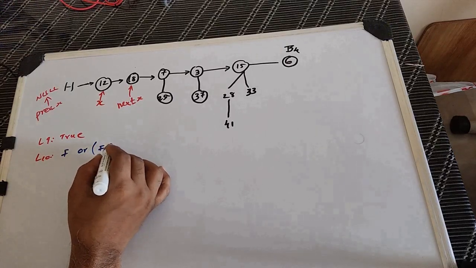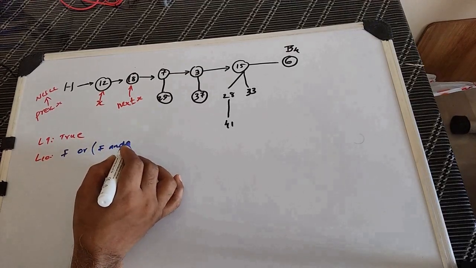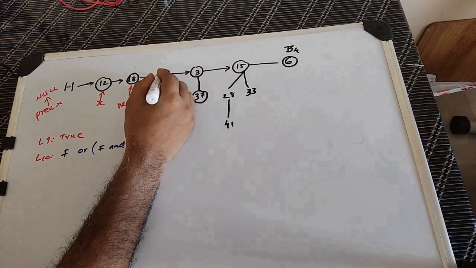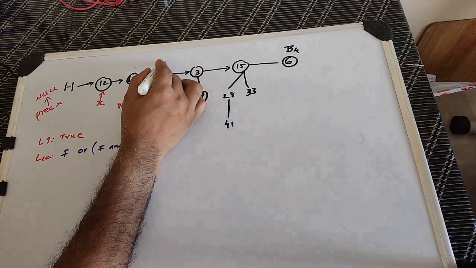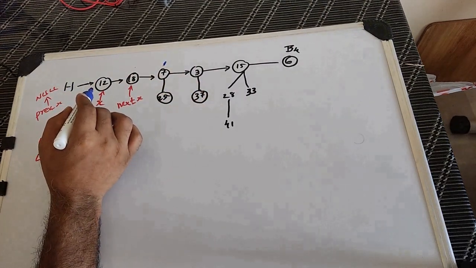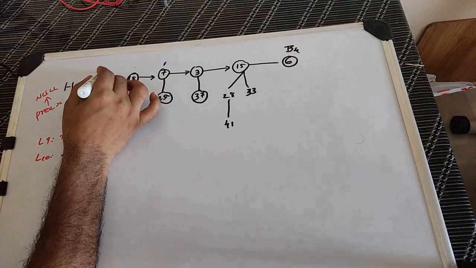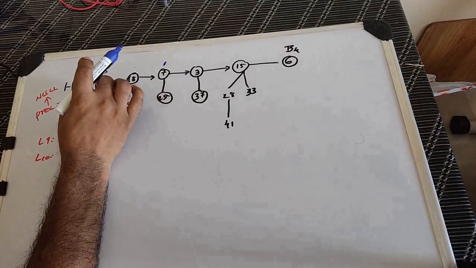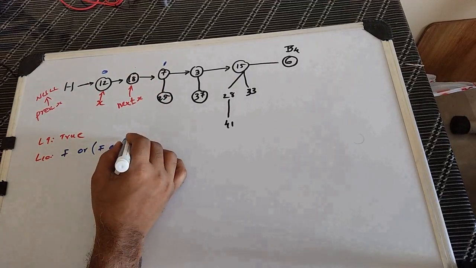This condition is false, and this is the sibling of next x, and its degree is 1. It is compared against the degree of x. Degree of x is 0. So they are not equal, so it is false.